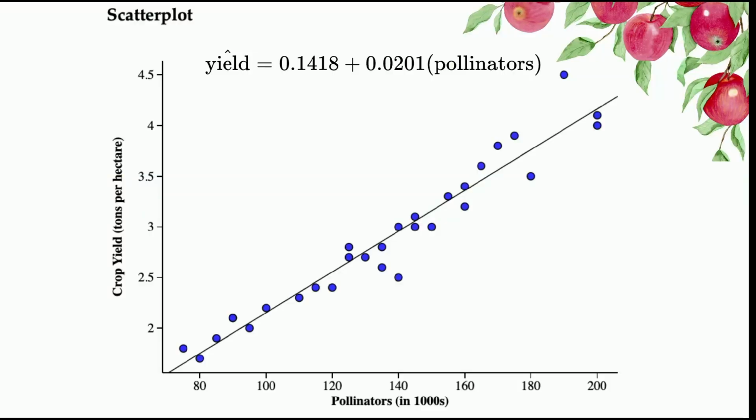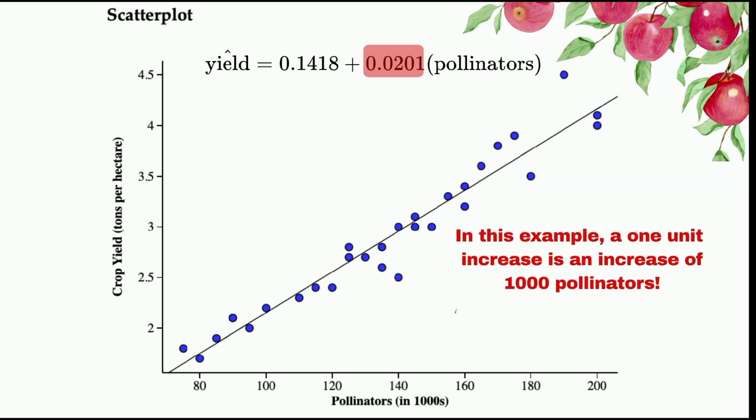Now let's dive into interpreting the slope and y-intercept of our regression line. These two components are key to understanding the relationship between our variables. The slope tells us how much the crop yield changes for every 1 unit increase in the number of pollinators. In our case, the slope is 0.0210 tons per hectare per 1,000 pollinators.